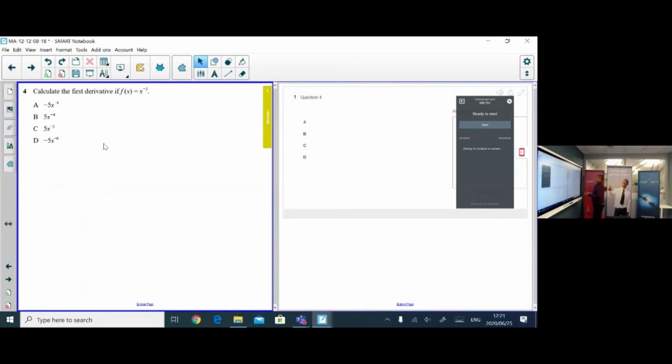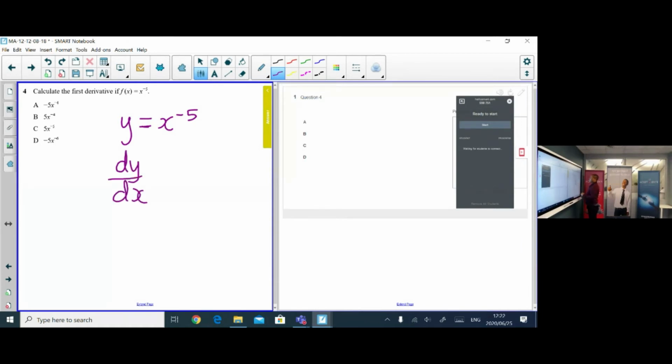I'm sure that you have managed to start to do all this. Those who might be slightly confused, maybe I used to also having y equals x to the minus 5. So we might point out right there that you could also find dy/dx. So this is the same as f prime of x.